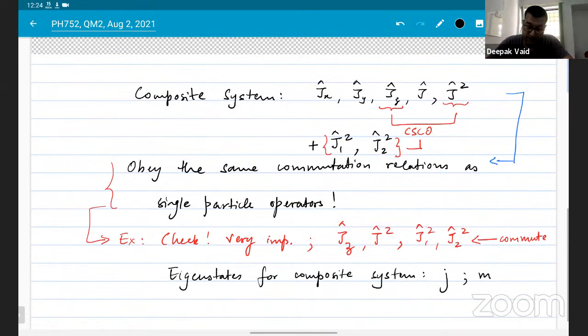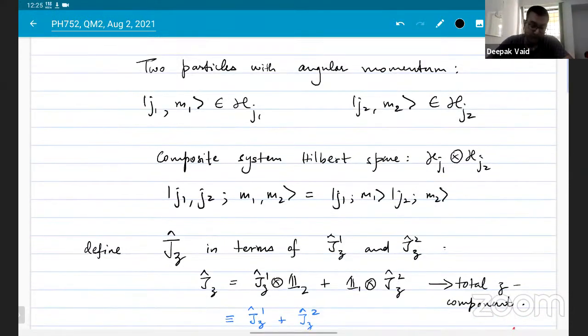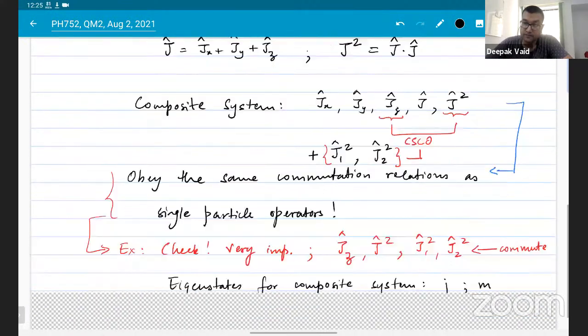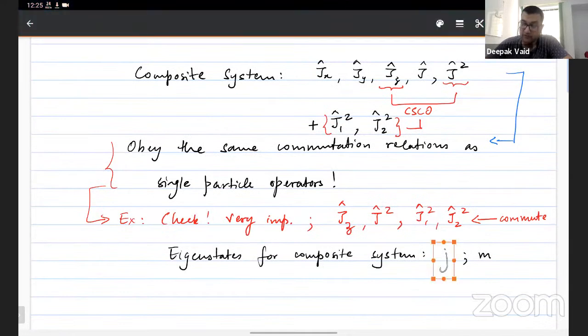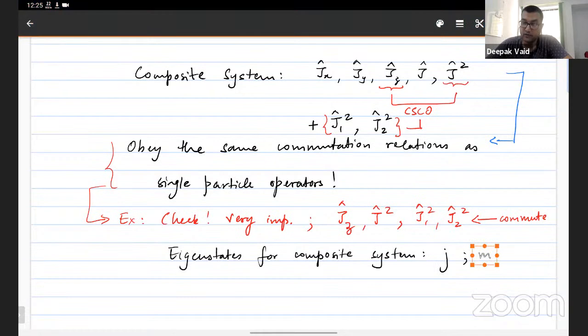See, when I was talking about single particles, for each particle I had two quantum numbers, j1 m1 and j2 m2. Now for my composite system, I have a different description in terms of the total angular momentum J and the corresponding magnetic quantum number.